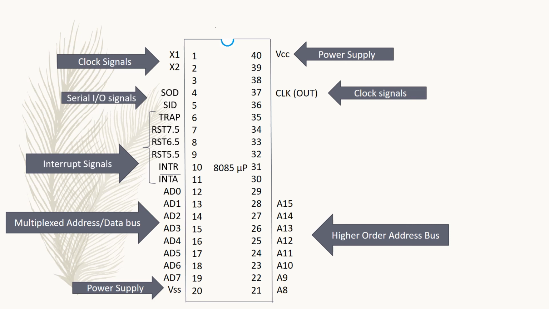The pin used for serial output data is SOD. What is the frequency of clock out? That is 3 MHz. The crystal frequency and operating frequency of the 8085 microprocessor are 6 MHz and 3 MHz. How much power supply does it require? Plus 5 volt DC power supply.